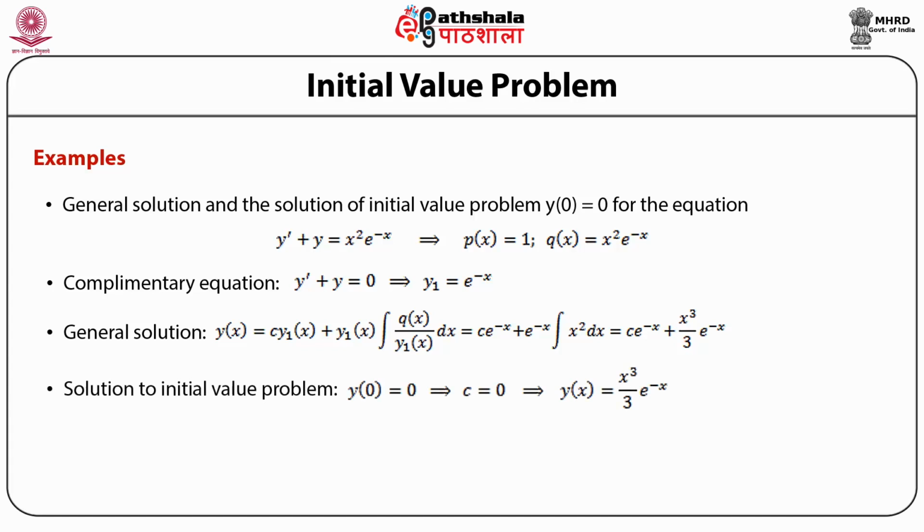Now, since it is an initial value problem and the condition is given by at x = 0, y = 0, we substitute the values in our general solution and we obtain the value of the constant c = 0.